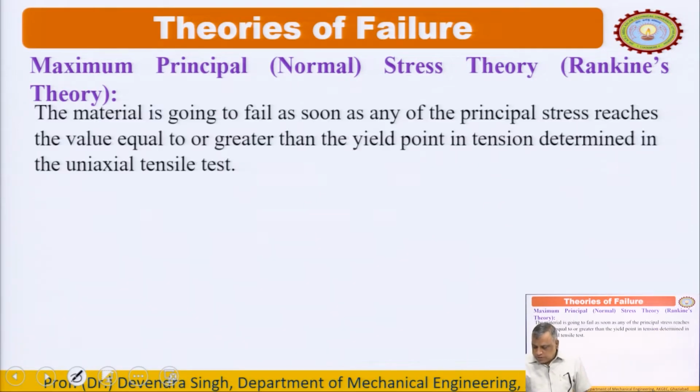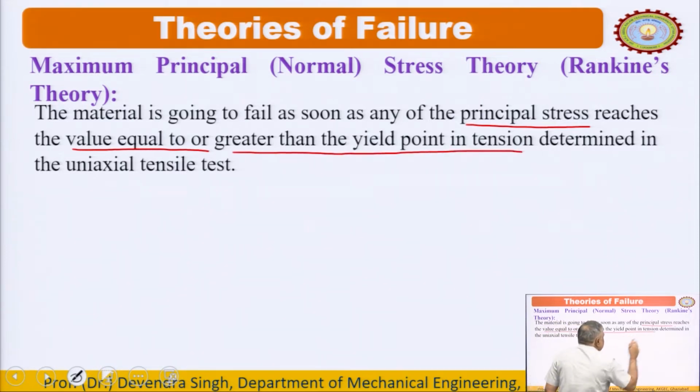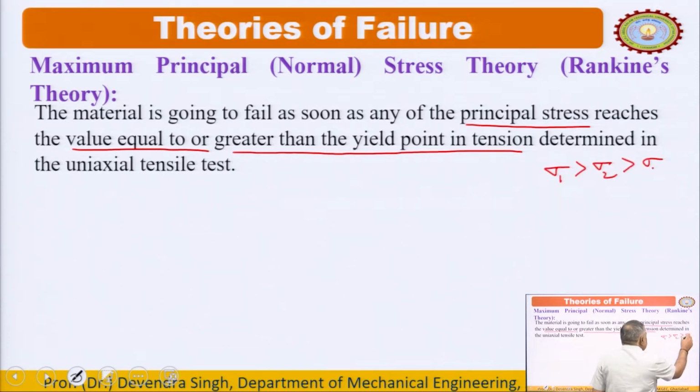So, the statement you can see: the material is going to fail as soon as any of the principal stresses reaches a value equal to or greater than the yield point in tension. Suppose there are three principal stresses sigma 1, sigma 2, sigma 3. The condition could be sigma 1 is greater than sigma 2 is greater than sigma 3.